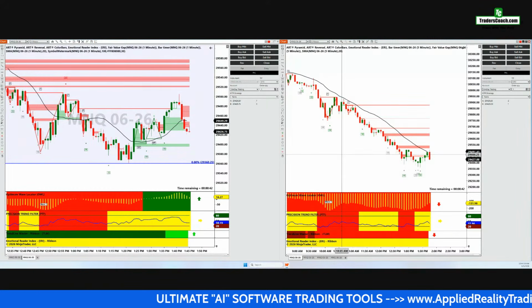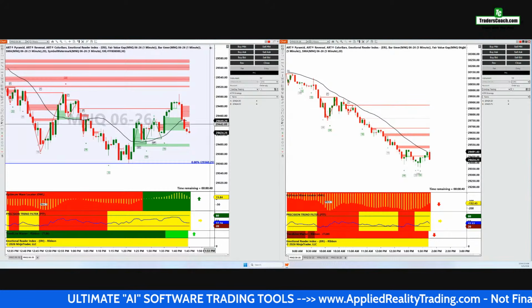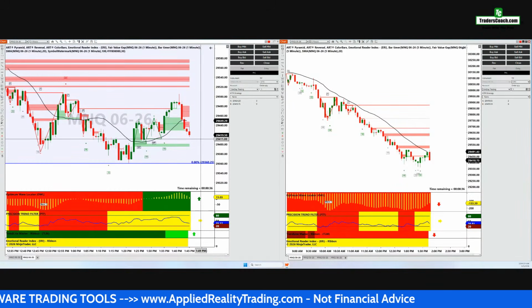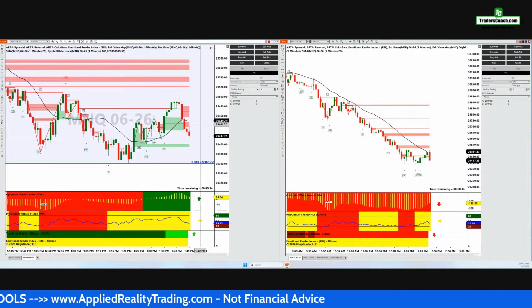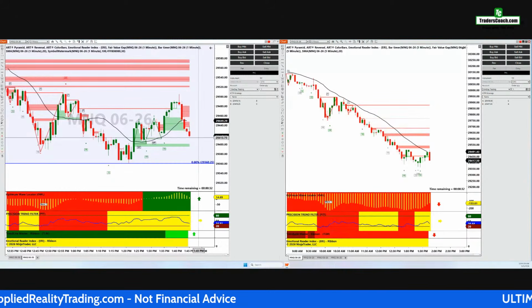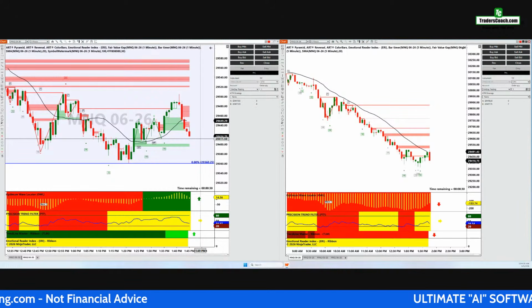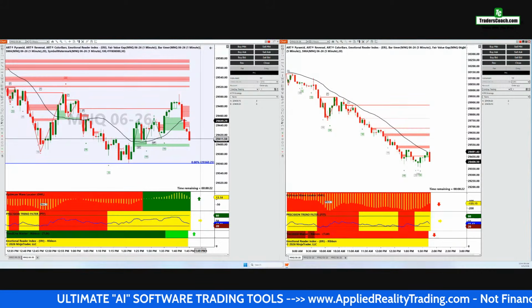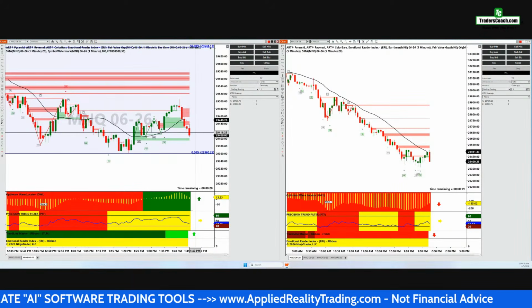So let's see what happens. Okay, so we did close below it. We inverted to here. I think some people would have taken this short here. I kind of want to see how it does on this order block here. Okay, taking it out. There it is.